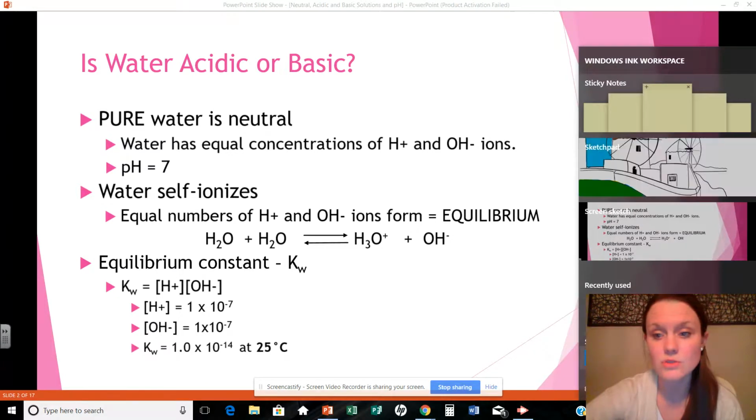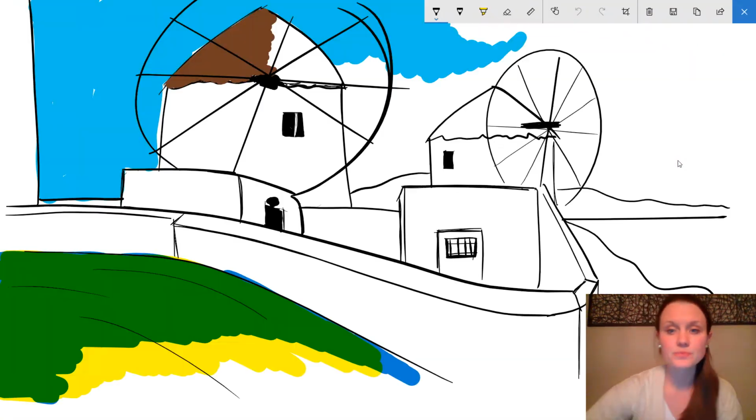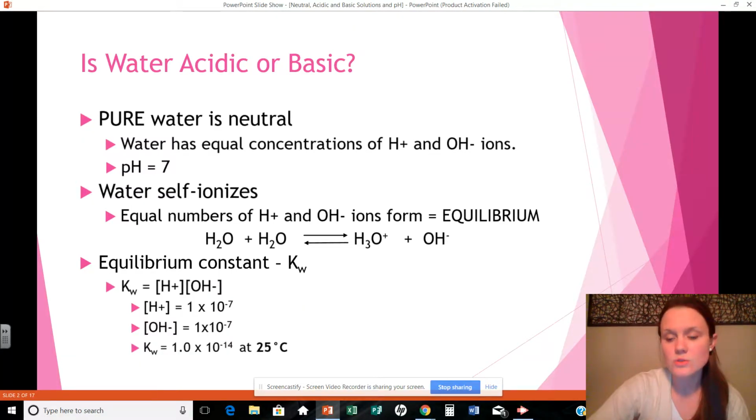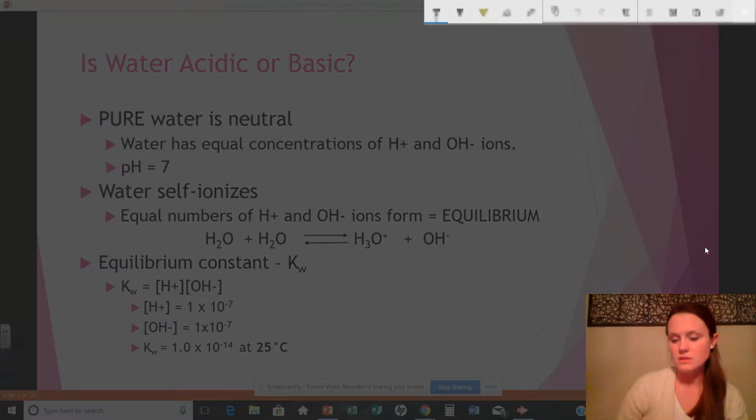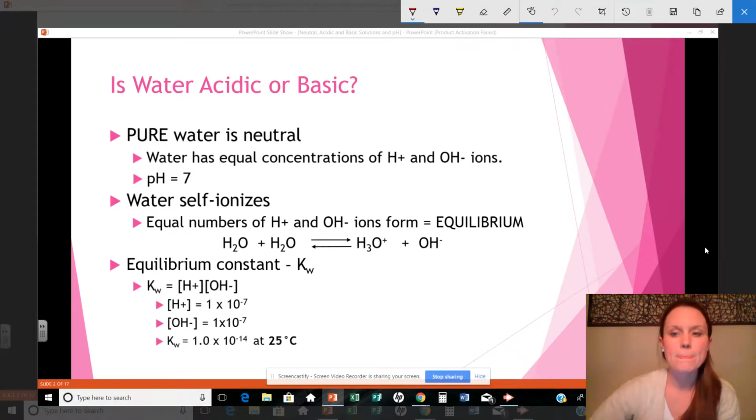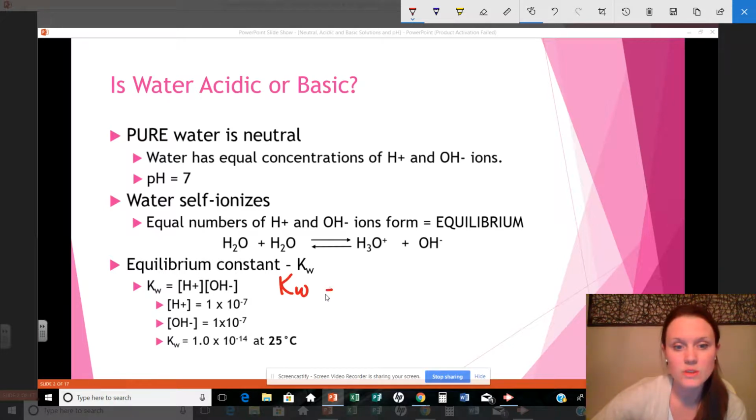So when we have those two concentrations next to one another, like here where it says Kw equals H OH, you could rewrite that as Kw equals the concentration of hydrogen multiplied by the concentration of hydroxide.